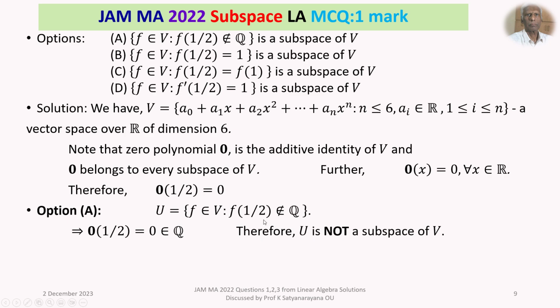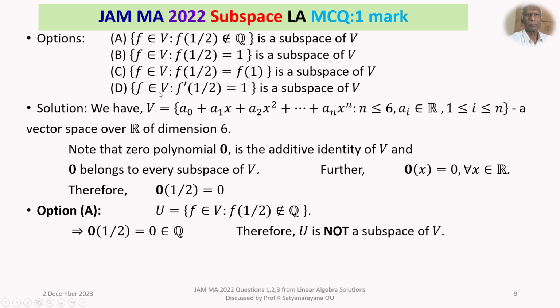Therefore, this U is not a subspace of V. By a similar argument, in the case of option B, 0 of half is 0 and is equal to 1 is not true. 0 is not equal to 1. Therefore, option B is also not a subspace.